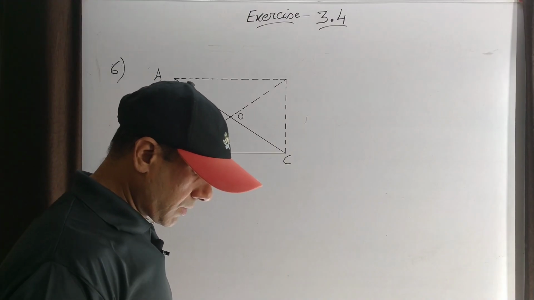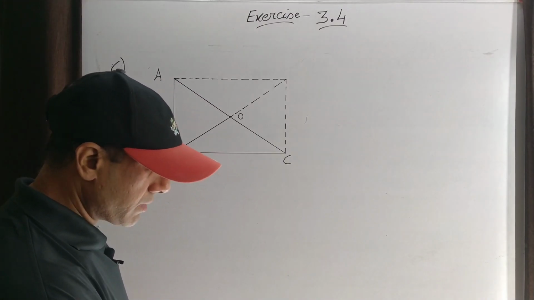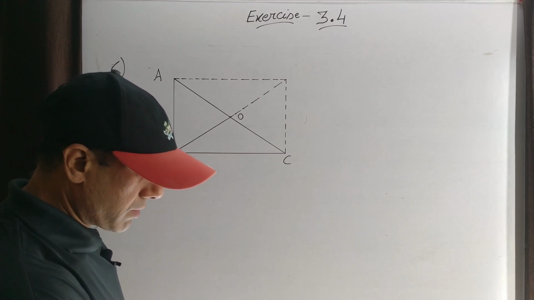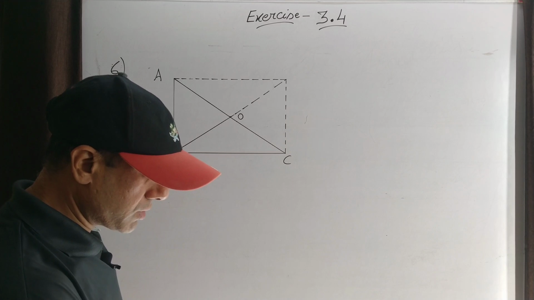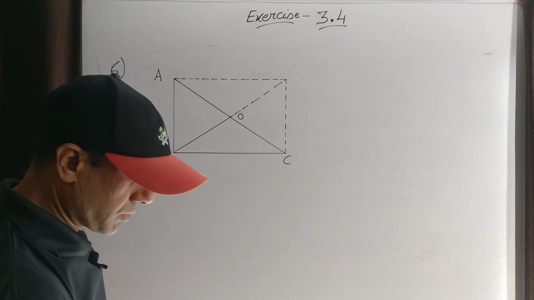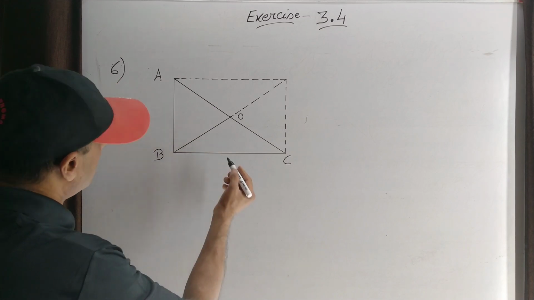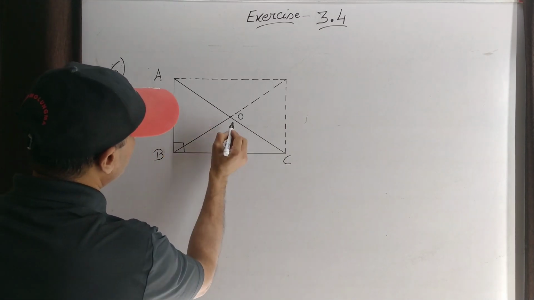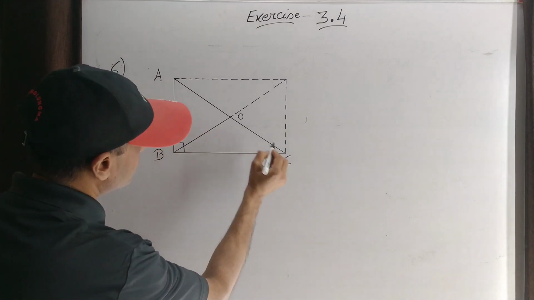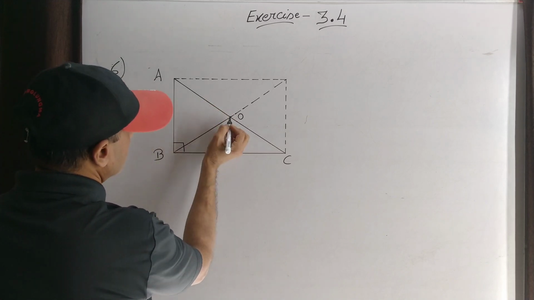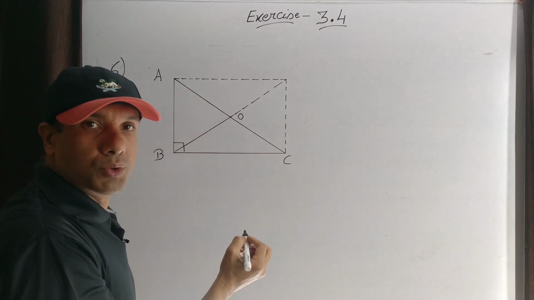Question number 6. ABC is a right angle triangle and O is the midpoint of the side opposite to the right angle. Explain why O is equidistant from A, B and C. Now this is 90 degrees and O is the midpoint of this line AC. So of course OA will be equal to OC.